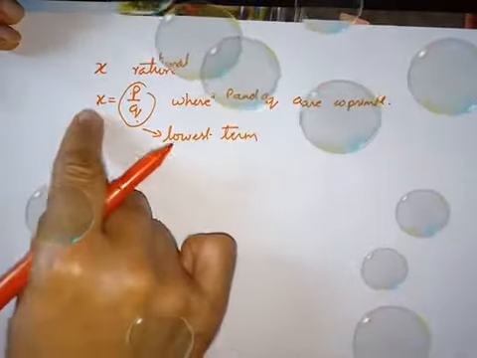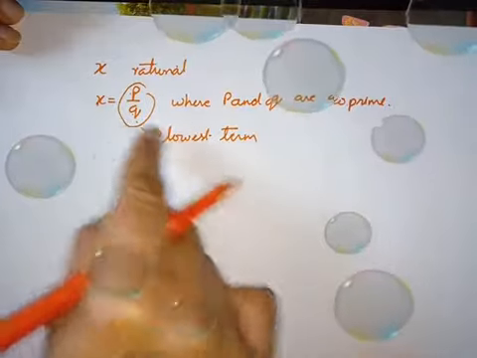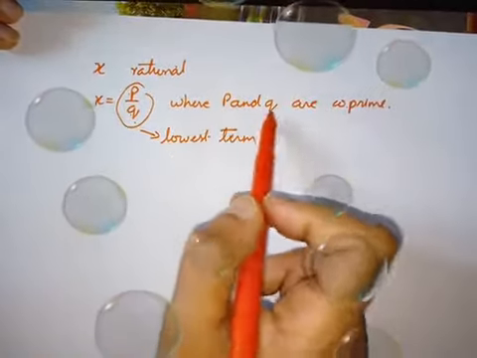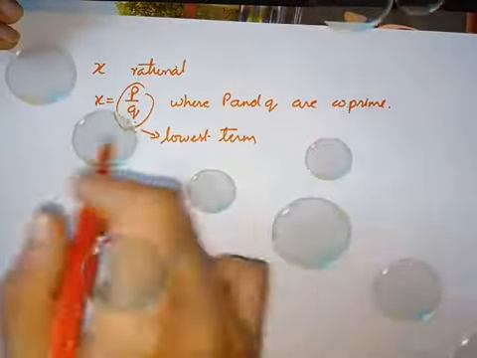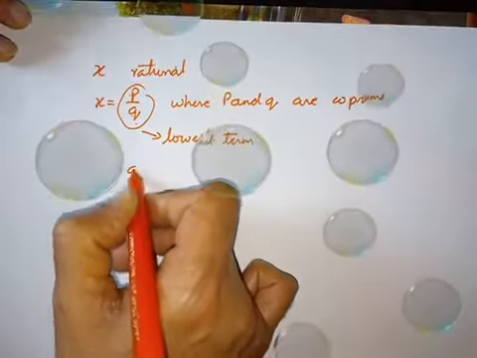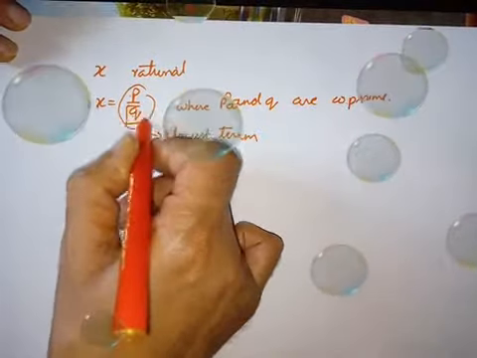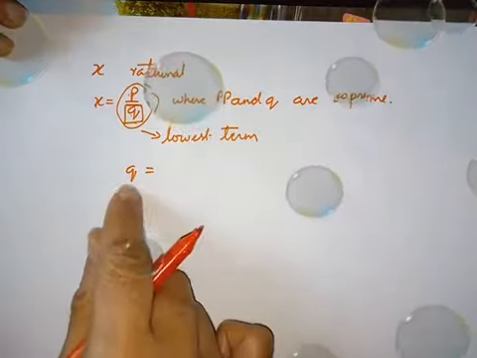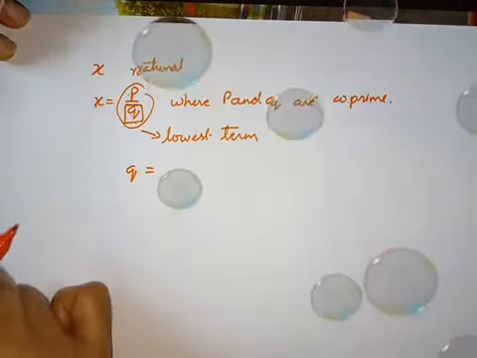After changing a rational number into its lowest term, that means both p and q become co-prime, and further they cannot be divided. And then we have to find the prime factorization of q, that is, of the denominator.